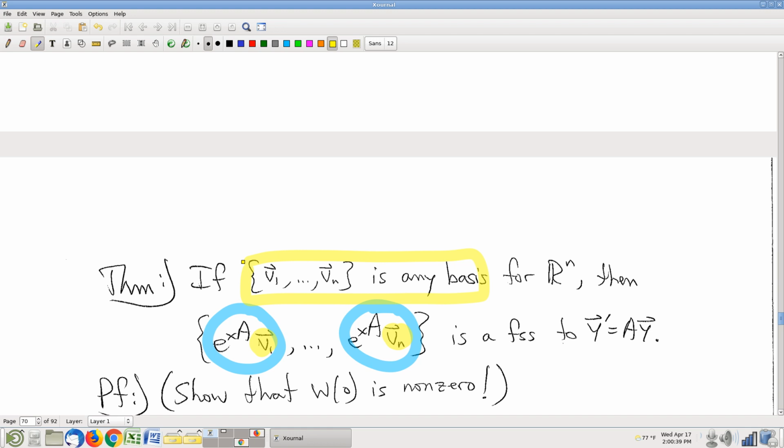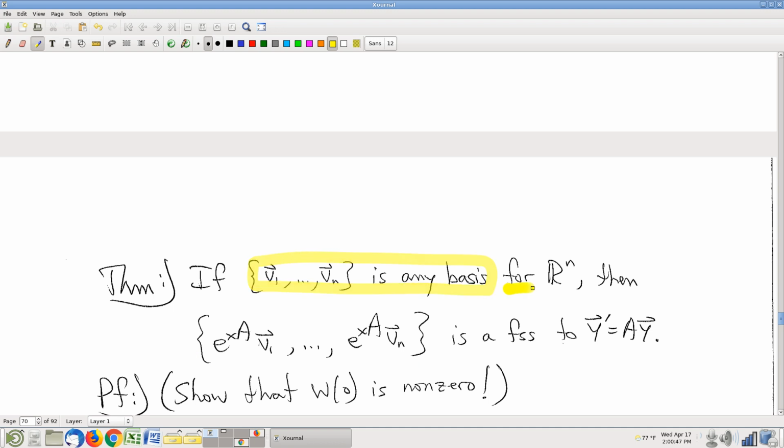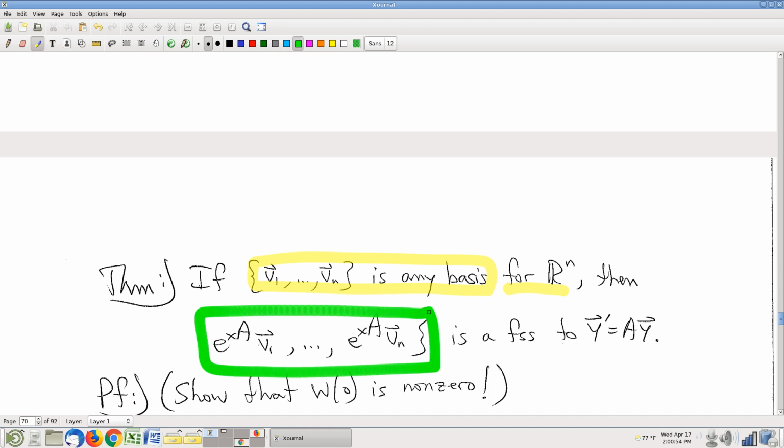Now I'm leaving a detail for y'all to prove on your own. This would be a nice exercise. I want everyone to take a whack at this. Show that if you have a basis for Rn, as this theorem claims, this is a fundamental set of solutions to the differential equation. Now, a dimension argument handles most of this. I have n functions.